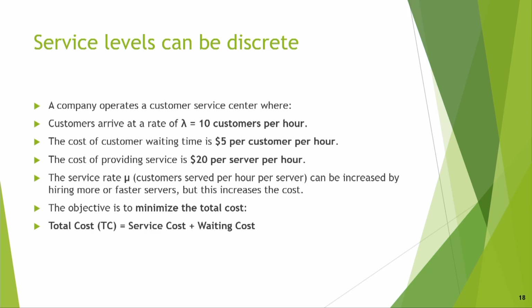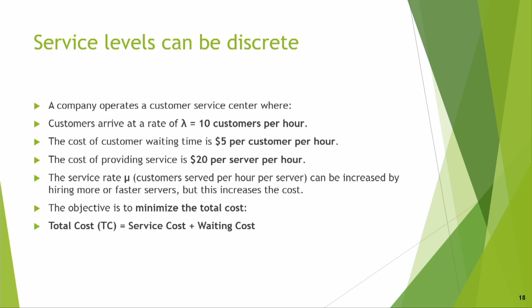Service levels can be discrete also. Suppose a company operates a customer service center where customers arrive at a rate of lambda equal to 10 customers per hour, and the cost of customer waiting time is $5 per customer per hour.